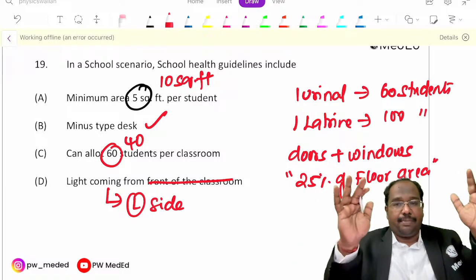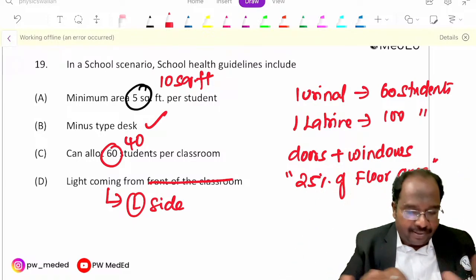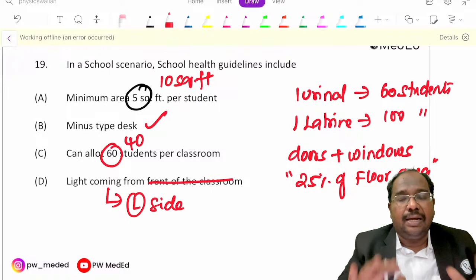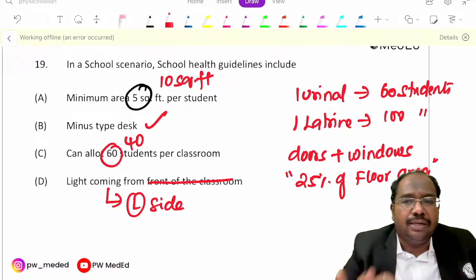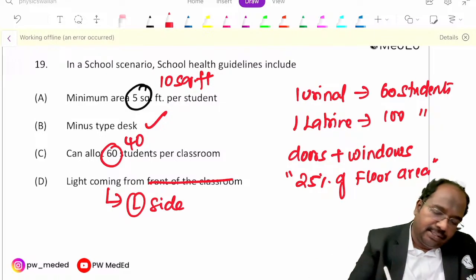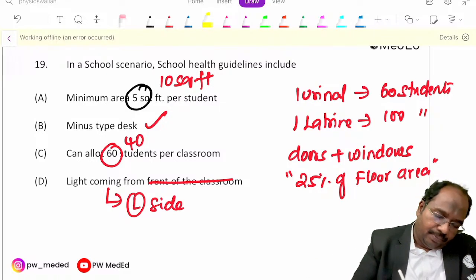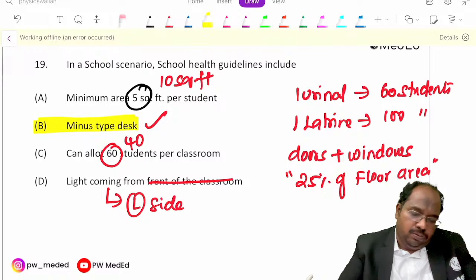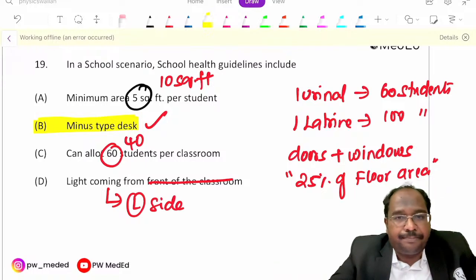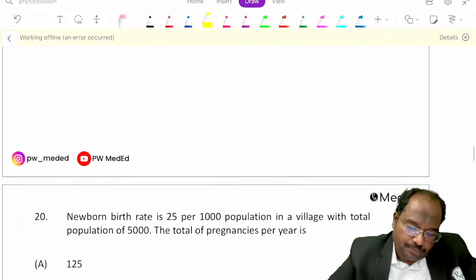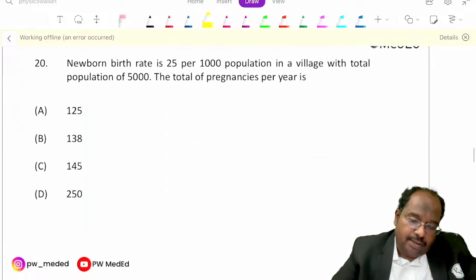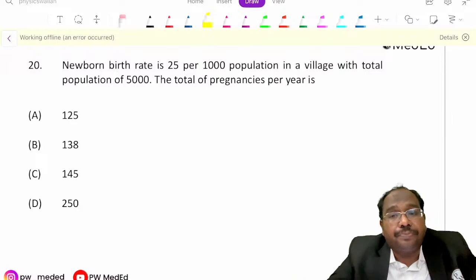Right now I'm sitting at a minus desk. My table is there, my legs are inside, and my hands rest on the table while I write. This is the minus desk. So this is right, all others are wrong here.